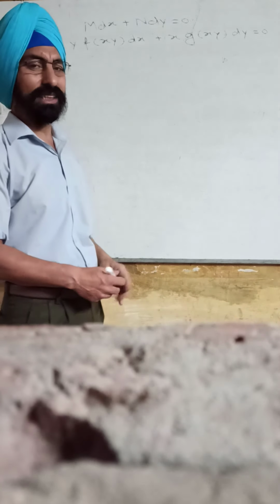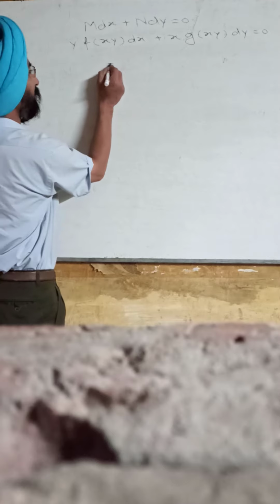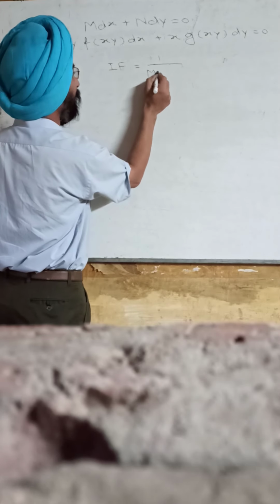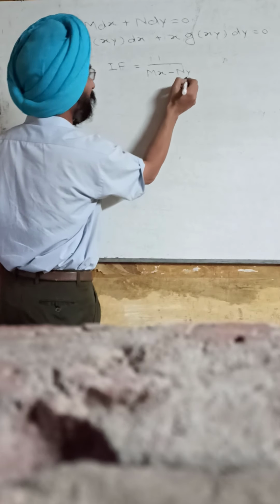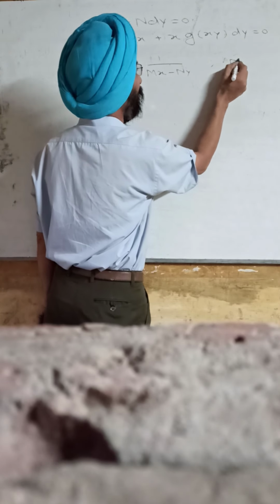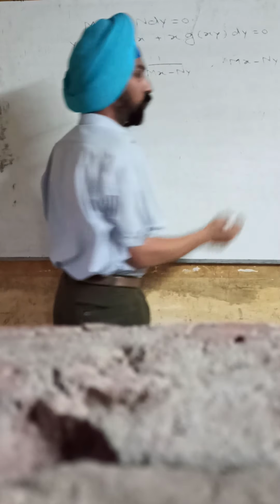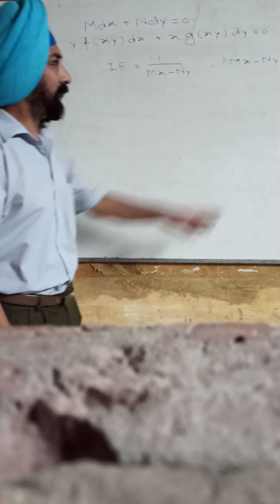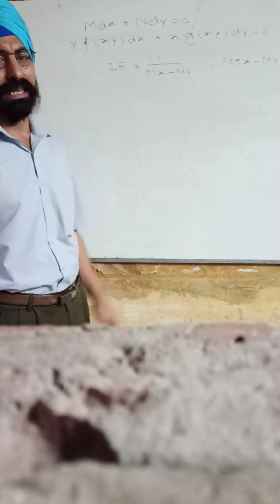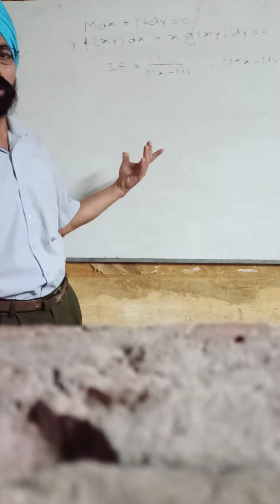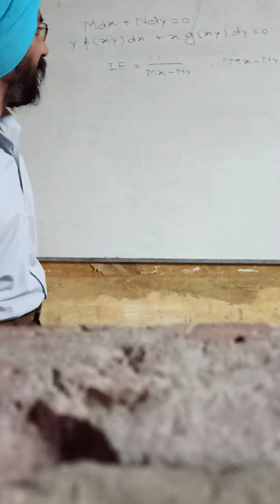In such a case, the integrating factor will be 1 upon Mx minus Ny, provided Mx minus Ny is not equal to 0, because if it is 0, 1 upon 0 is meaningless. So we will have to discuss one illustration of this type.